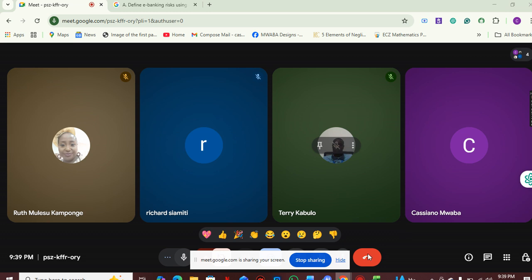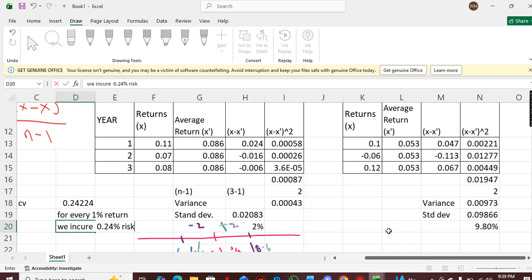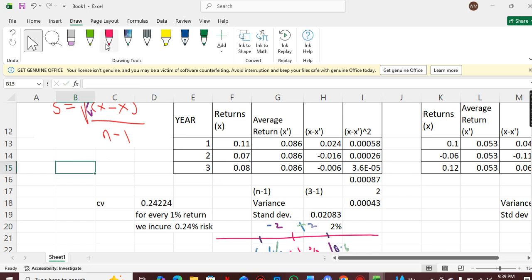Where was I kicked out from? I was saying the coefficient of variation is the standard deviation divided by your average, or your expected return.